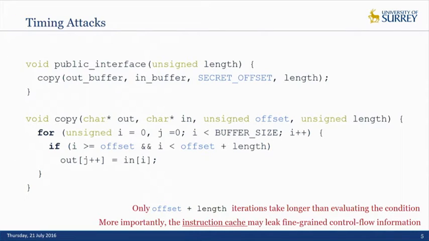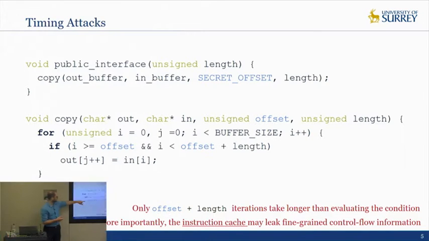But the timing difference between whether or not you're executing this statement is going to be smaller than what we had before. More importantly, however, the instruction cache is going to reveal if you're going into the if or the else branch. So the first time you're going into the then branch, you're going to have a cache miss, probably on the instruction cache.